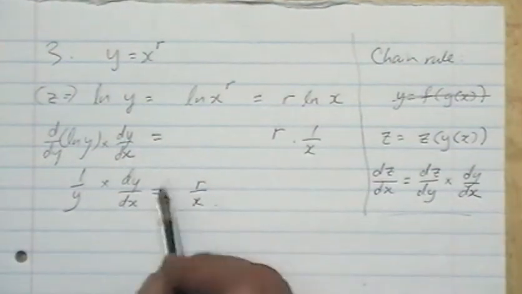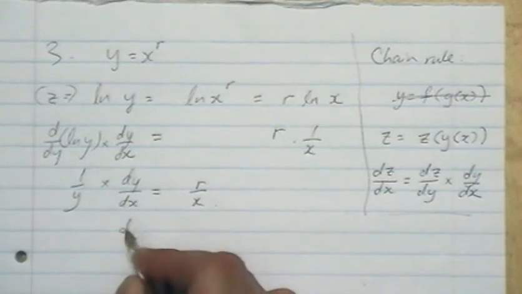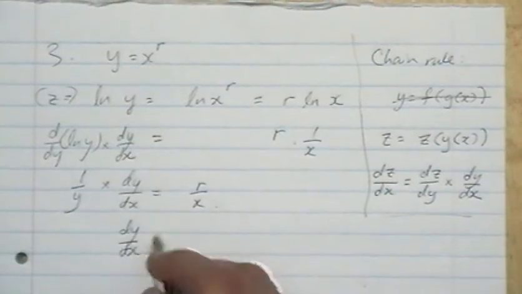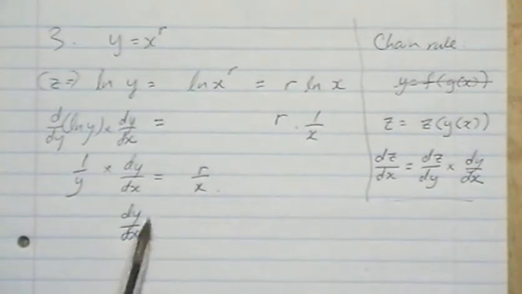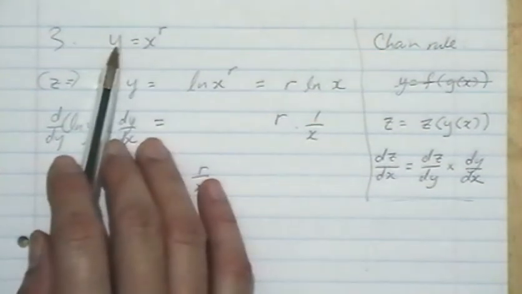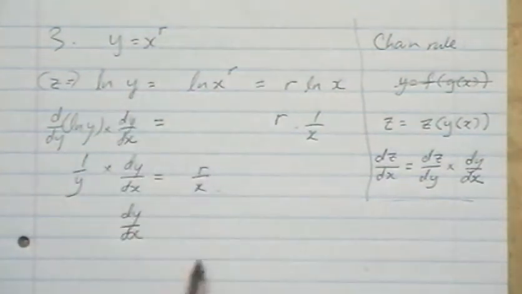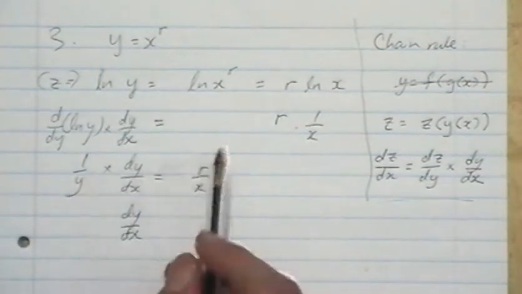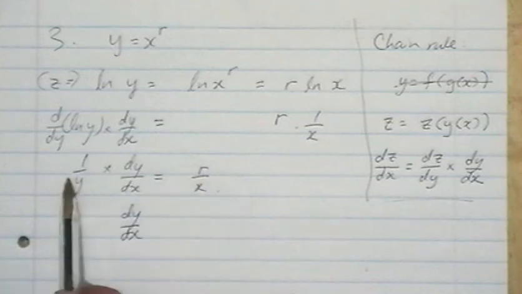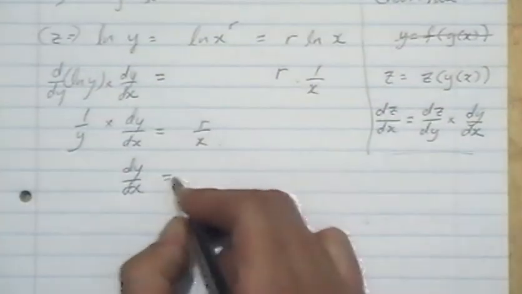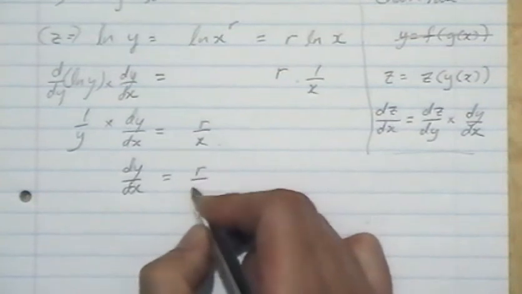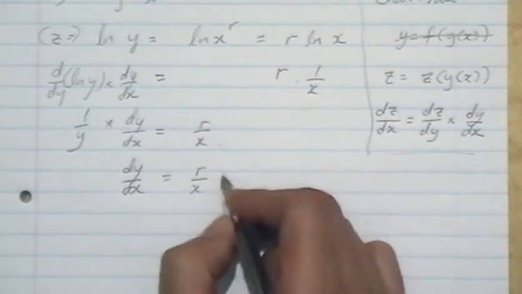And now I can make dy dx the subject. This is what I want. I want to find dy dx for this formula. I can multiply both sides by y, so y comes over to the right: r over x times y.